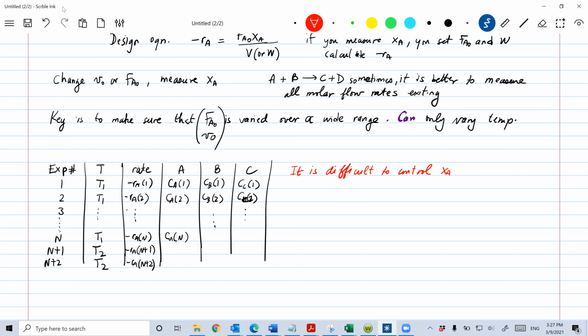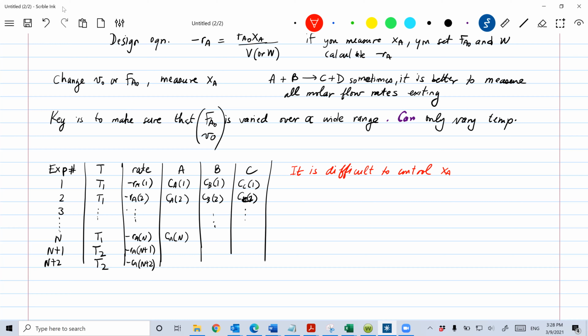Because there's a 10% error in your measurement, and that gets amplified if your reaction is second order. So if your reaction is k CA squared and you have a 10% error in your measurement, you get a very large error when you try to plot it.